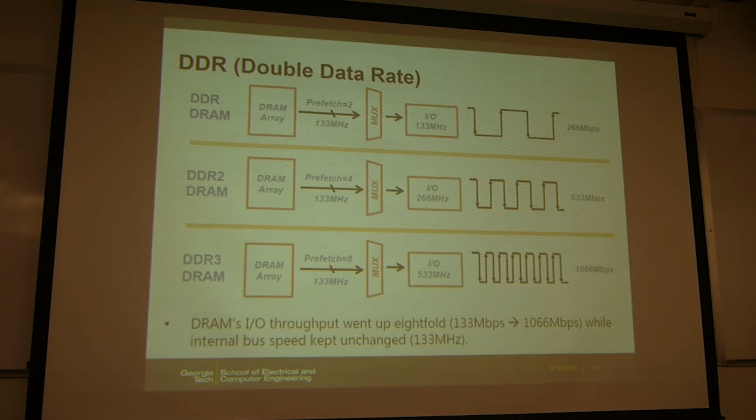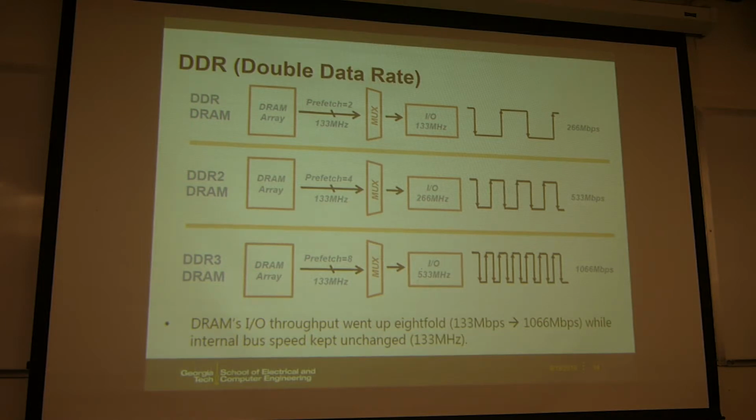Then you can only access the DRAM after 40 nanoseconds. But we have the I/O, which is the input and output buffer. And then we have those I/O clocks. So here we have two clocks basically.